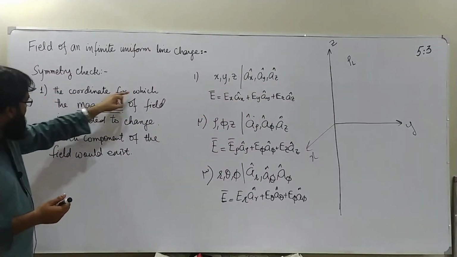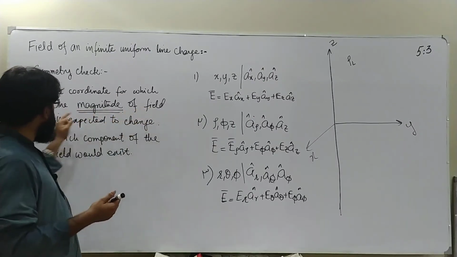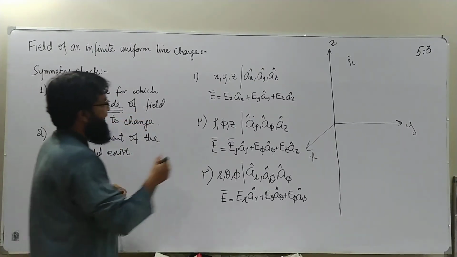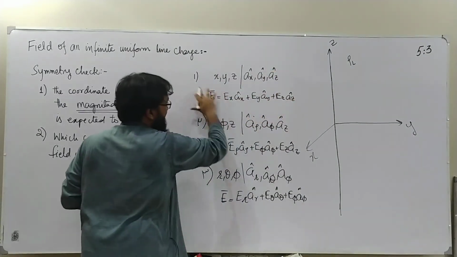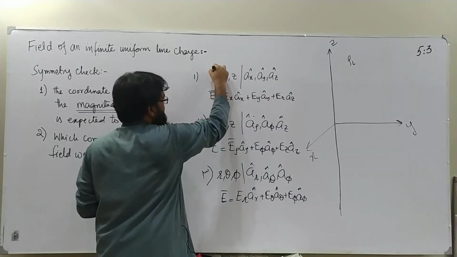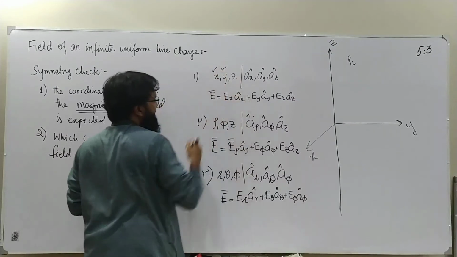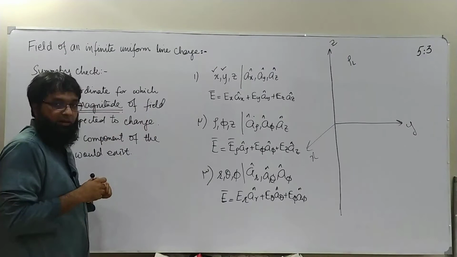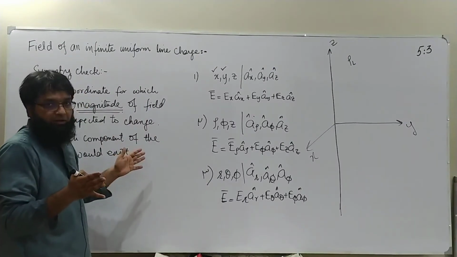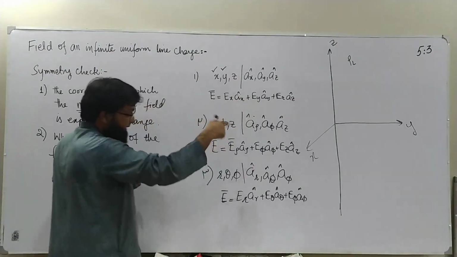The coordinate for which the magnitude of the field is expected to change, if we choose to work in a Cartesian coordinate system, changing x and changing y will definitely change the magnitude of the field. That field can be electric field or magnetic field, or light field in our case.